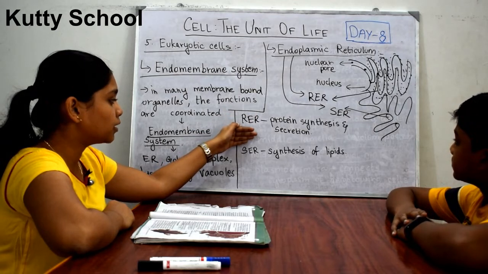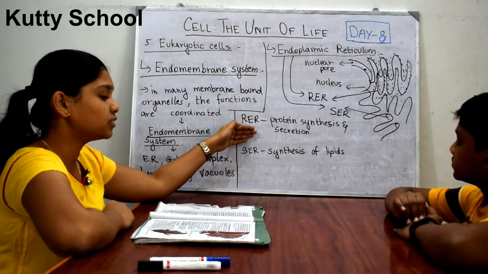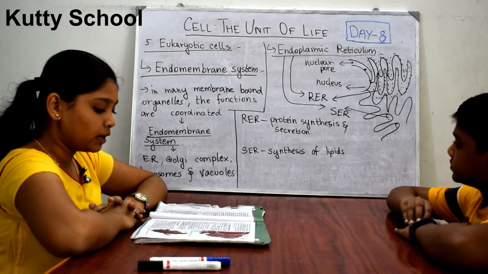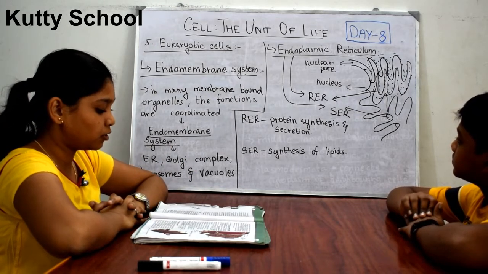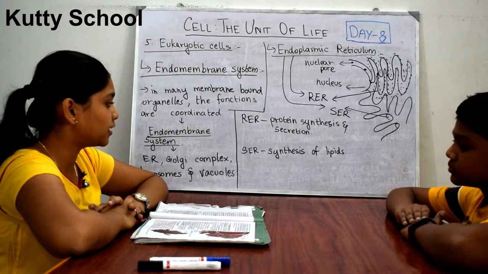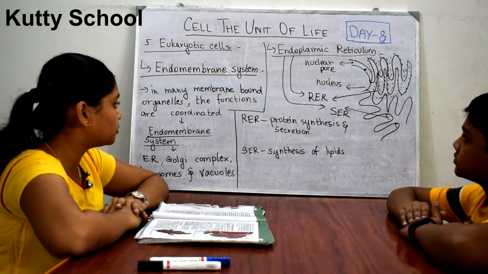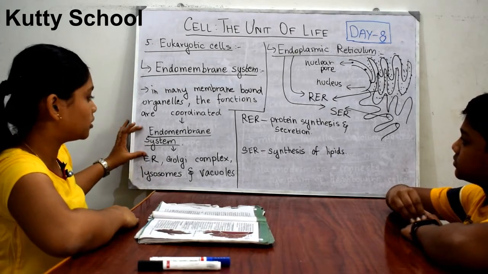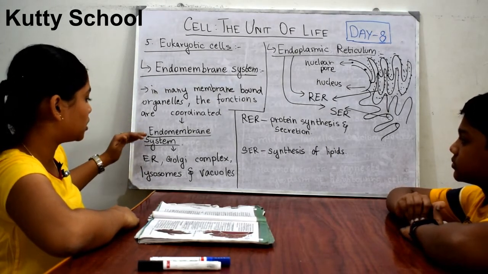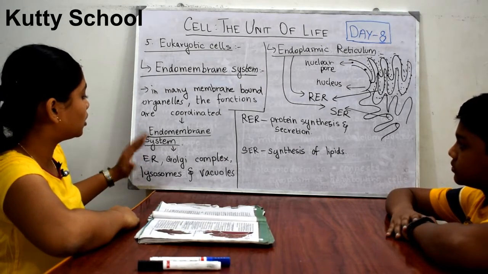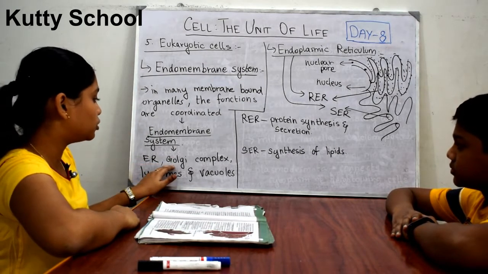Smooth endoplasmic reticulum is involved in the synthesis of lipids. In animal cells, lipids like steroidal hormones are all synthesized by smooth endoplasmic reticulum. So this is about the endoplasmic reticulum, which is the first category under the endomembrane system.